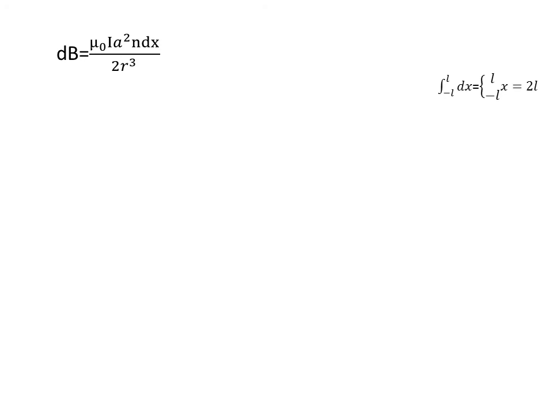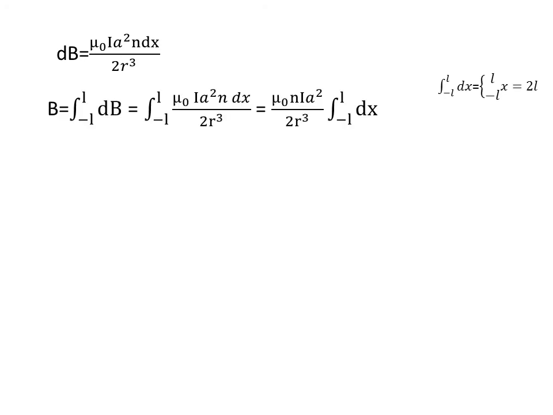On integrating all the dB, we get the total magnetic field B. So, B is equal to the integral of dB from minus L to L. Here we have substituted the value of dB. Now, we are going to take the constants outside. Mu 0, I, a and n are constants. In the denominator, 2r cube is constant.